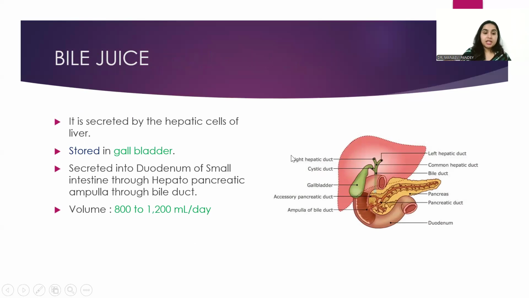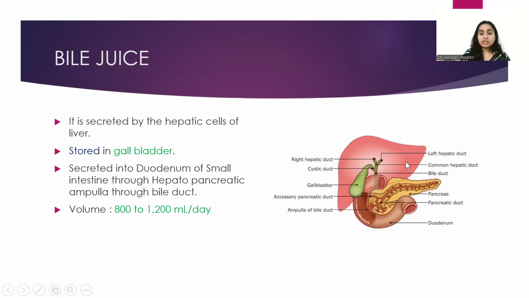Now, bile juice. We'll look in detail. Bile juice is secreted by the hepatocytes or the hepatic cells of the liver, and it is stored in the gallbladder, and then it is secreted into the duodenum of the small intestine through the hepatopancreatic ampulla through the bile duct.